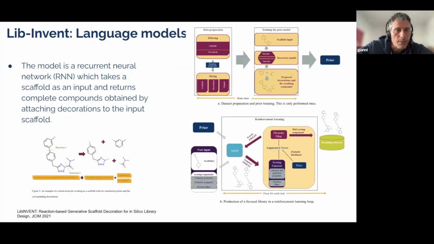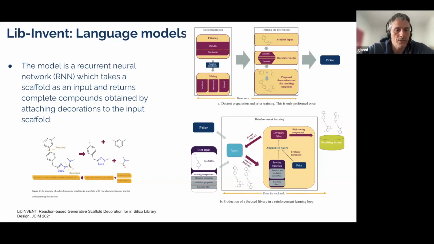And another interesting approach is to use a language model in a generative way. So this is, again, not from us, it's from AstraZeneca, and this uses reaction-based generation. So the advantage is that the molecules that are generated are valid molecules. And I think it's one of the most promising approaches. It mixes a language model with reinforcement learning, so not too different from ChatGPT and alike.